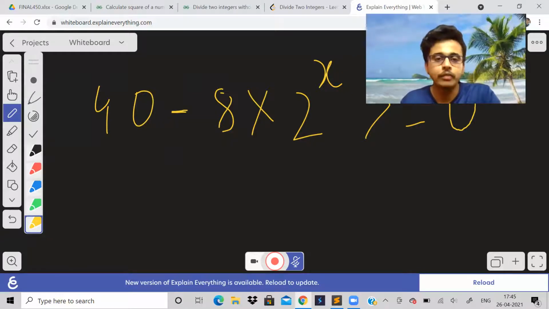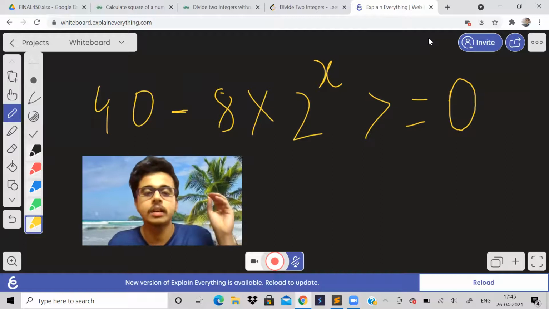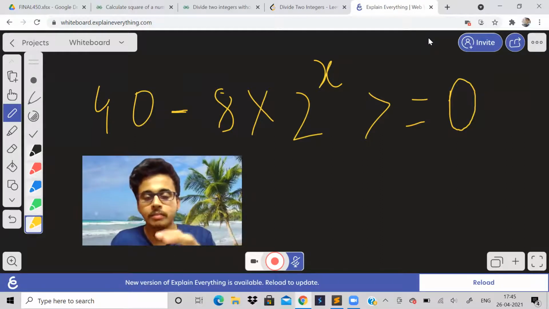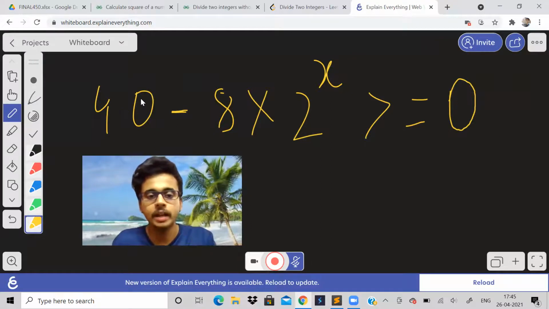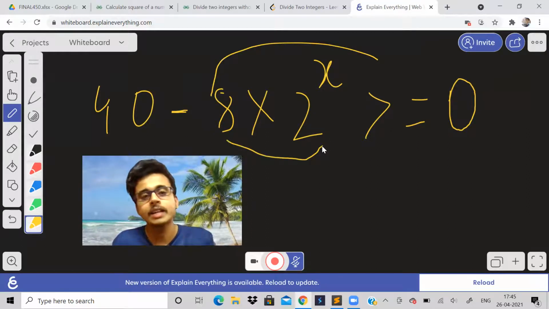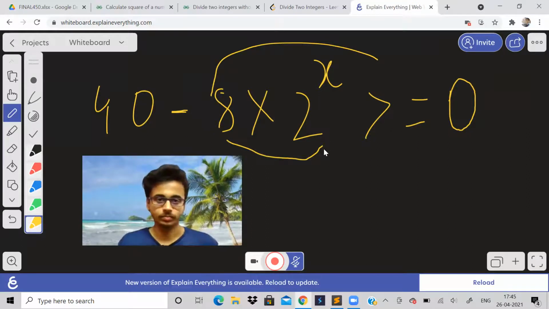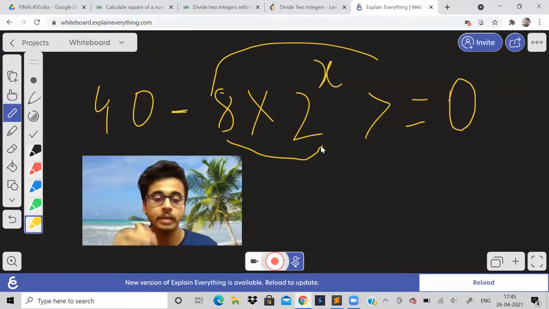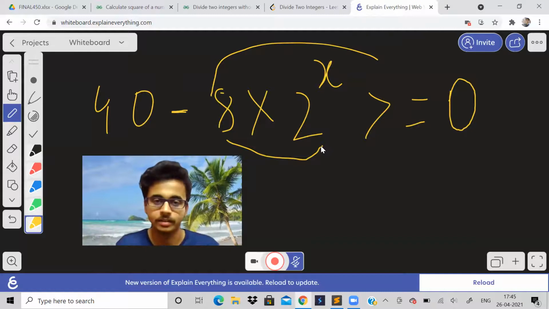I can write 40 as 8 into 2 power some number x, such that 40 minus this number here is greater than or equal to 0. I cannot write 40 exactly, but I can express this equation like this.